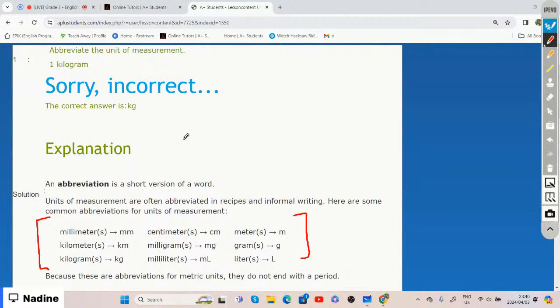All right, so how are we going to abbreviate kilogram? What is the abbreviation for kilogram? We need to give the abbreviation for kilogram.